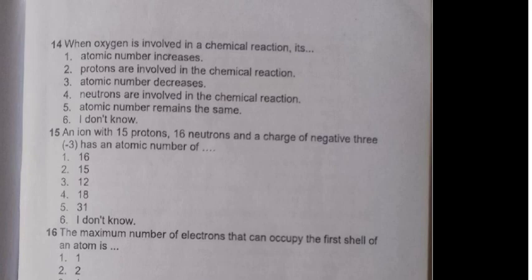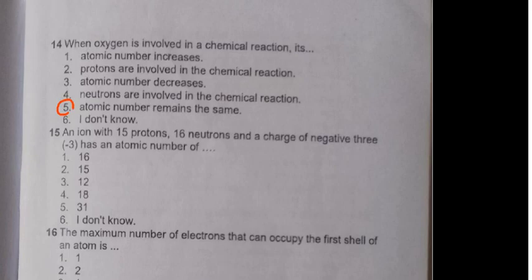Protons are involved in the chemical reaction. This is not true. It's only electrons that are involved in chemical reactions. So we have 3, atomic number decreases. So this is not true as well. Then 4, we have neutrons are involved in the chemical reaction. No, this is not true. Then we have 5, atomic number remains the same, which is the correct answer.